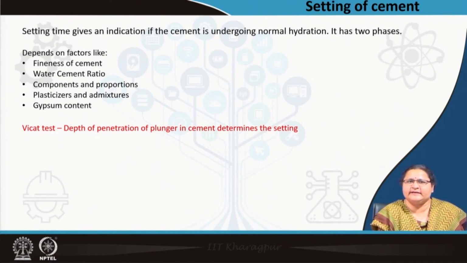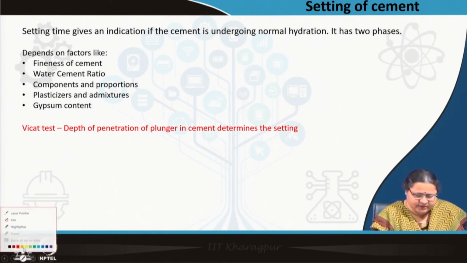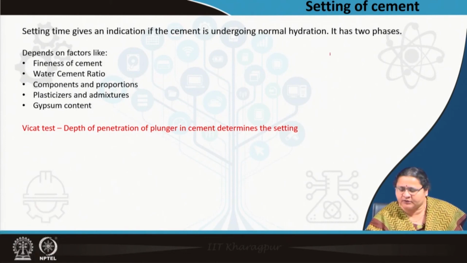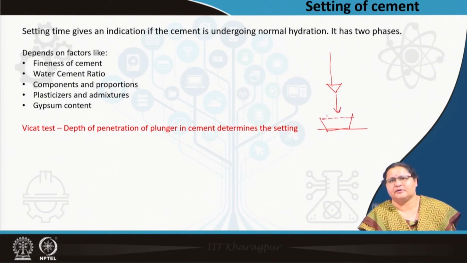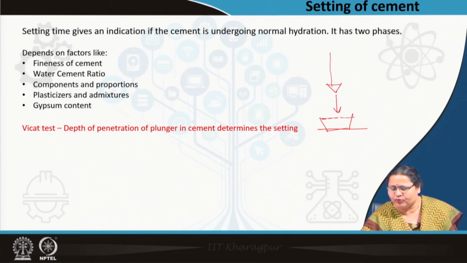We have the Vicat test, where a plunger with a given tip dimension is allowed to fall on a cement mix. Here it is a mix of cement and water, and this plunger drops into it.